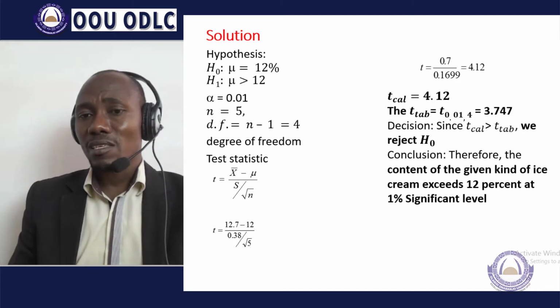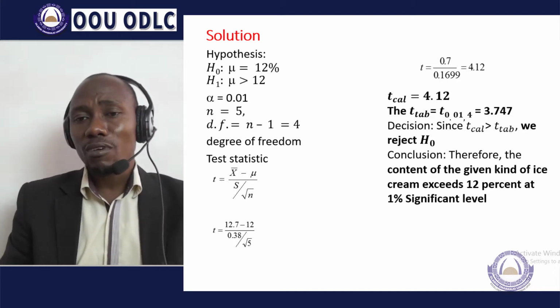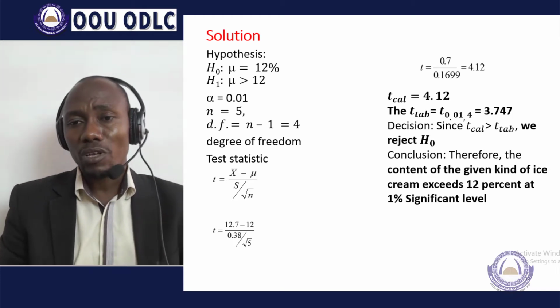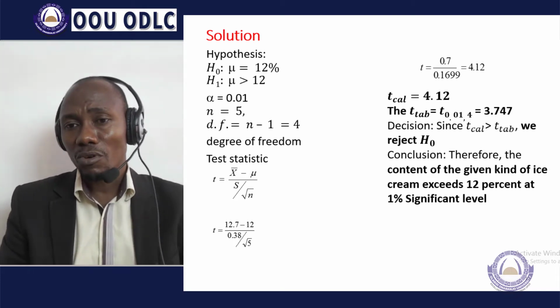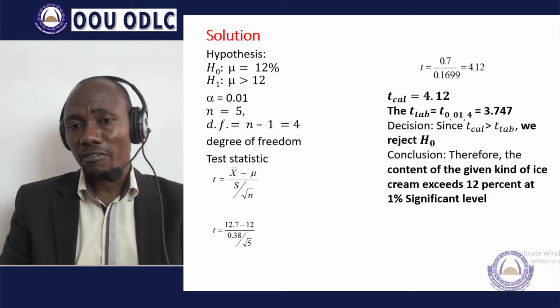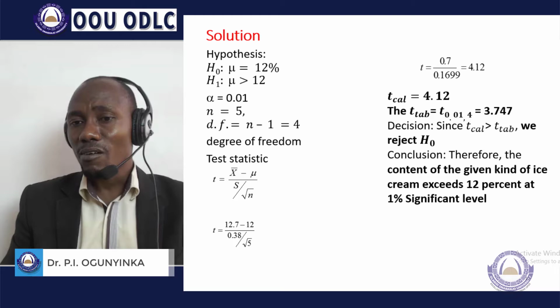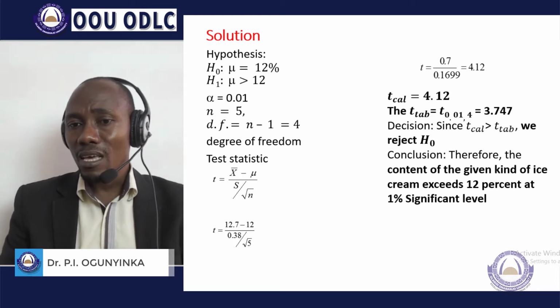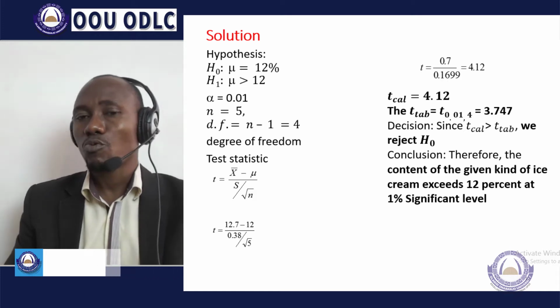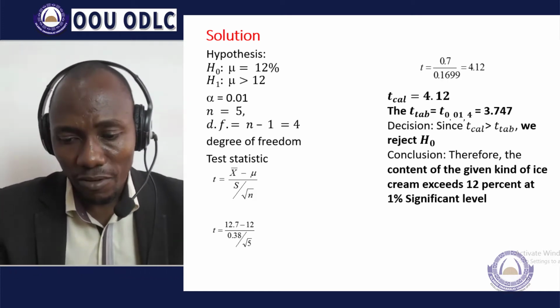The decision is that since the calculated value 4.12 is greater than the tabulated value 3.747, then we shall reject the null hypothesis. Hence, we shall conclude that the fat content of the given kind of ice cream exceeds 12% at 1% significant level.